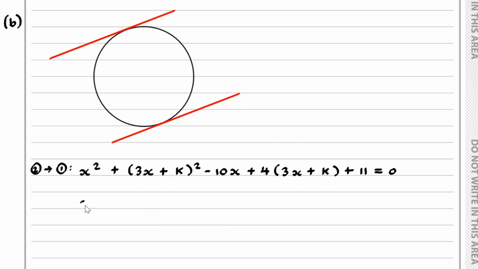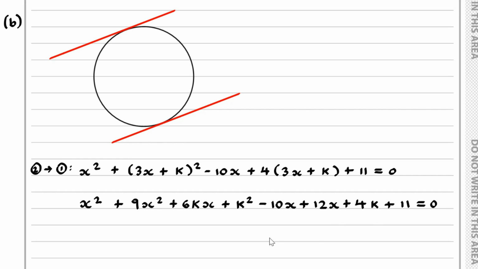Let's expand and simplify. x squared plus 9x squared plus 6kx plus k squared minus 10x plus 12x plus 4k plus 11 equals 0. If we rewrite this in the simplest form, x squared plus 9x squared will be 10x squared.